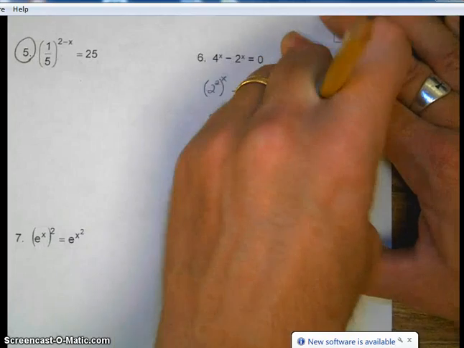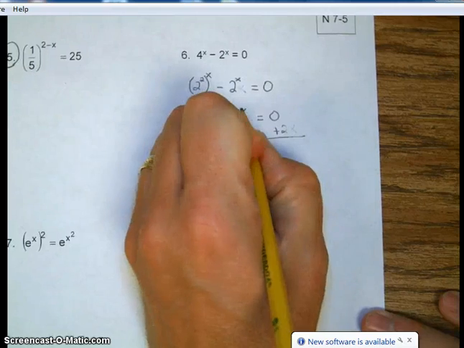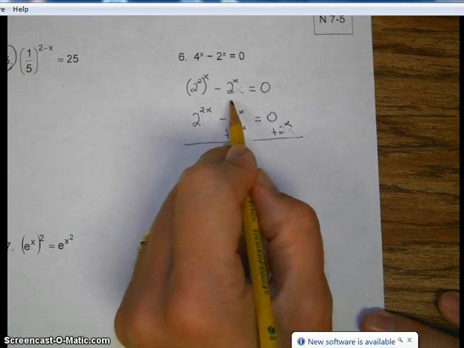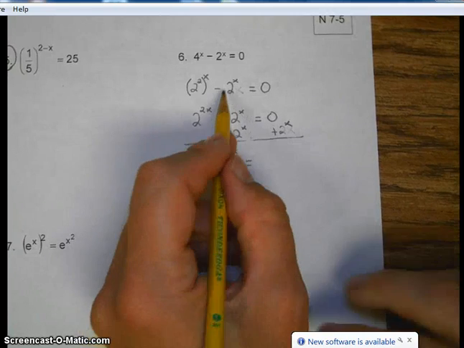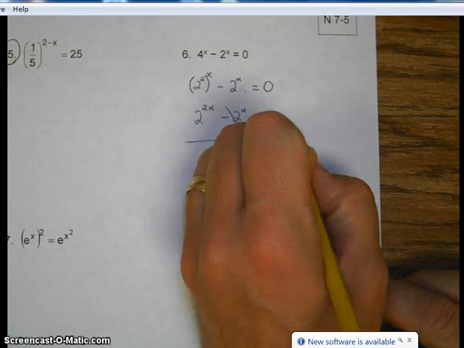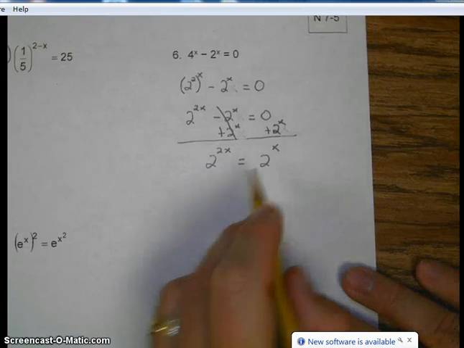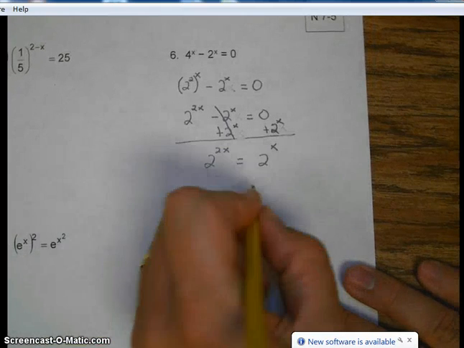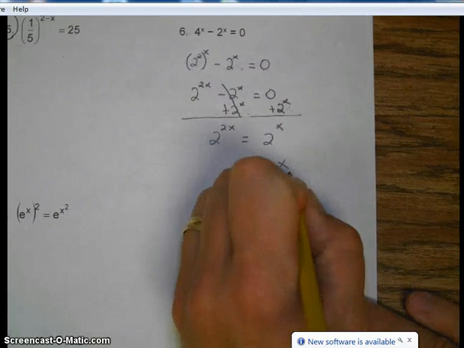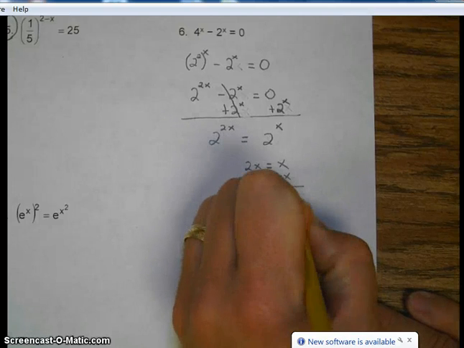I'm messing up. That's 2 to the x. Apologize. So we're subtracting 2 to the x, so we're going to add it to cancel it. Add it to the other side. Okay, so now we have it the way we want it to look. 2x equals x. Subtract x on both sides. So we get x equals 0.